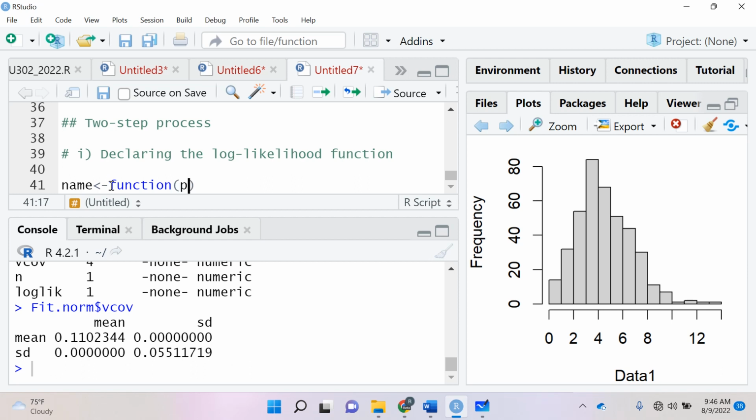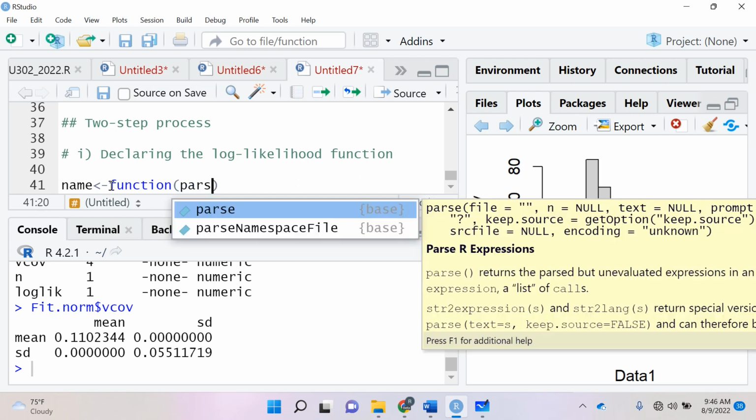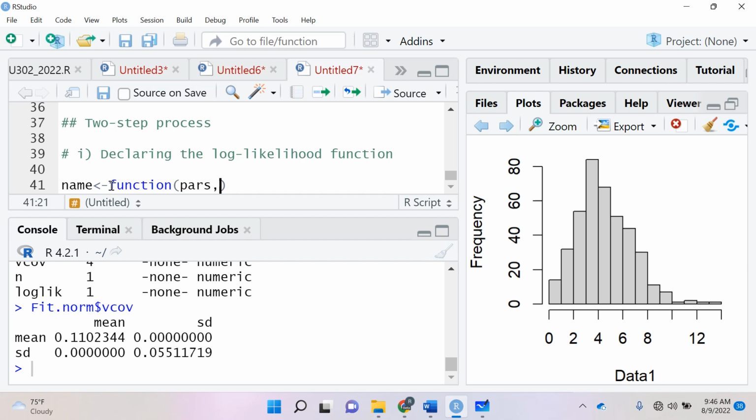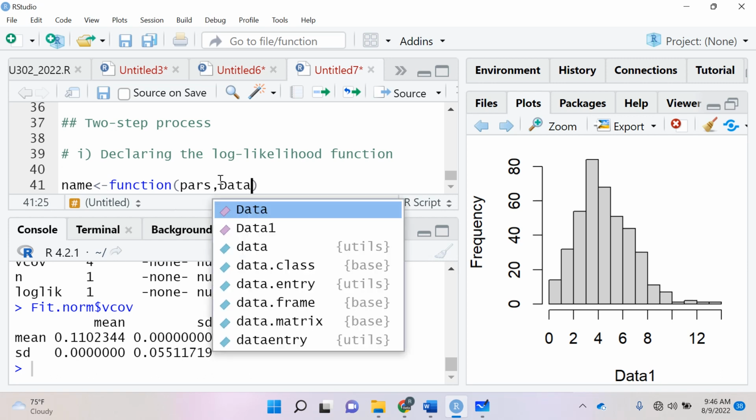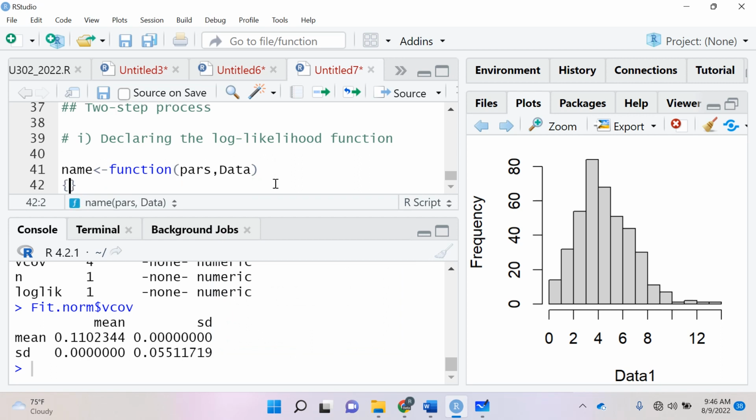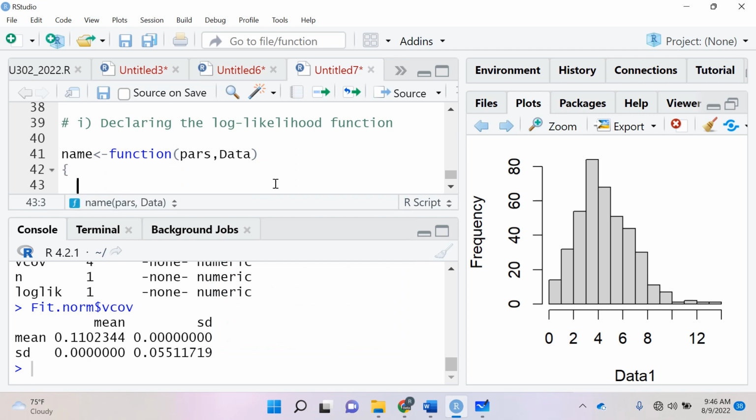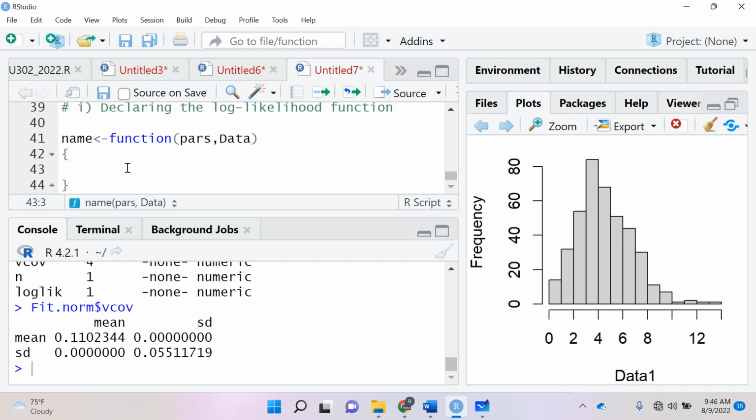You need the parameters, which is a vector, and then a data object like that. Remember that is at least what you need. You can add more if you want. And why are we doing this? We are doing this because it is not every time that you will have the distribution in an R package.